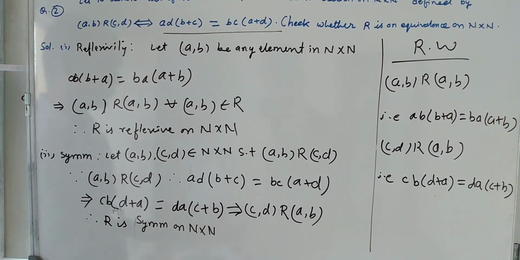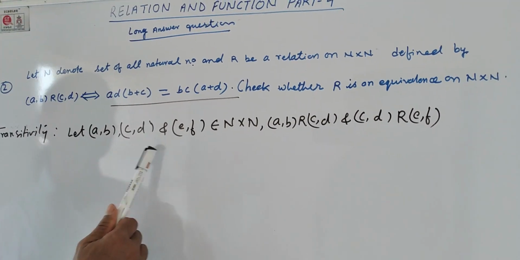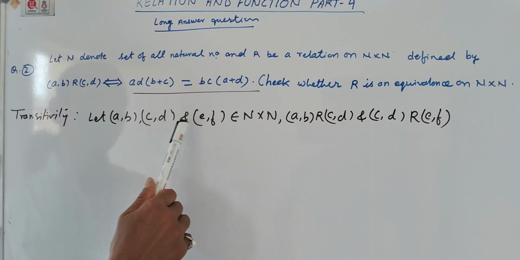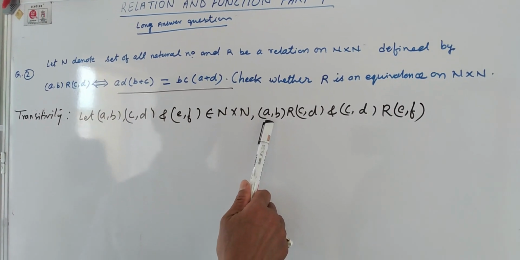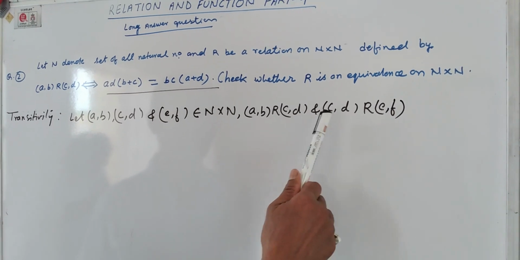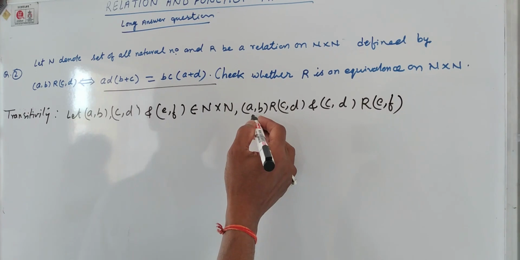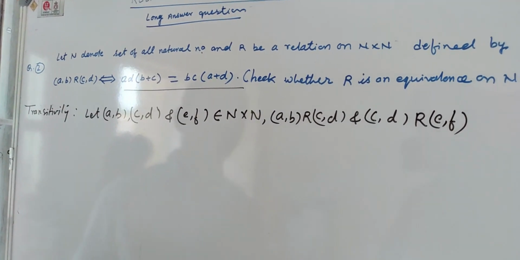Next, for transitivity, we take three elements in N cross N. So let (a, b), (c, d) and (e, f) be any three elements in this such that the first element is related to the second element and the second element is related to the third element. Now we have to prove the first element is related to the third element.